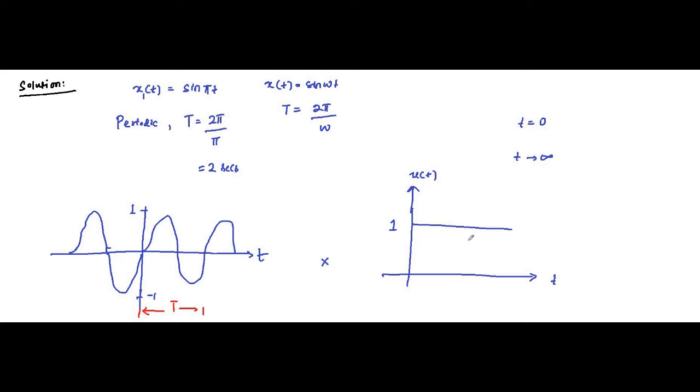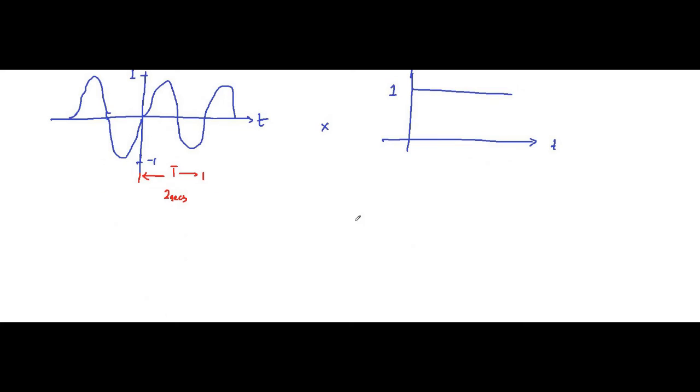So it does not repeat itself. There is no pattern which repeats itself. If it would have been something like this, coming to 0 and then back, it would have been a square wave.